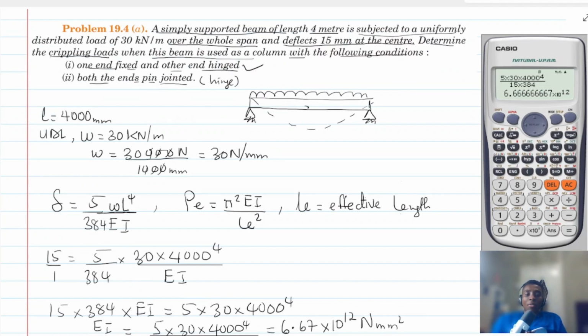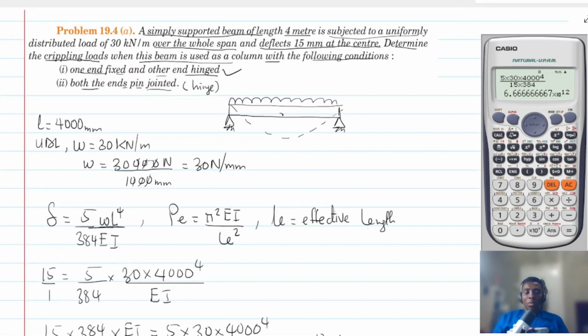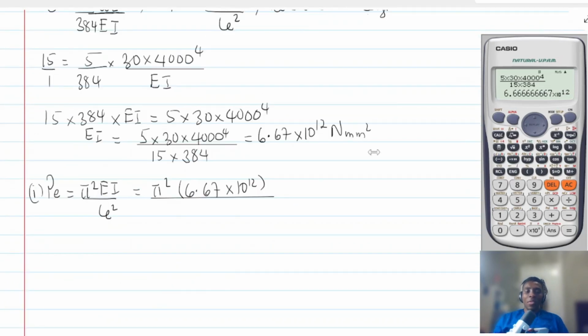As a matter of fact, if you have one end fixed and the other end hinged, the effective length is L divided by root 2.